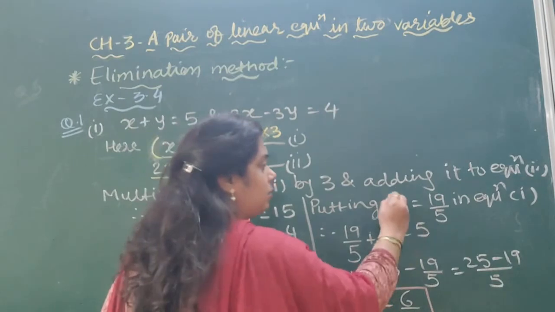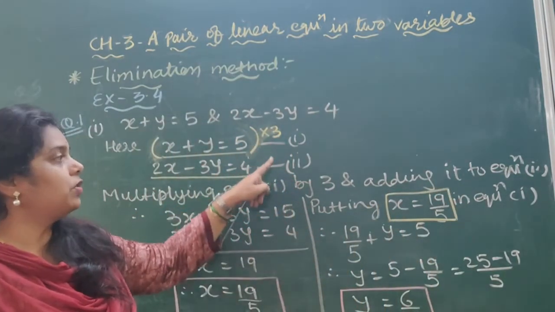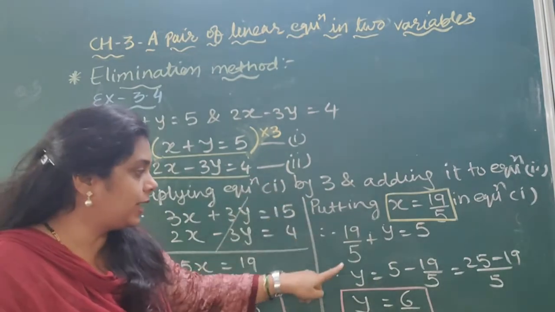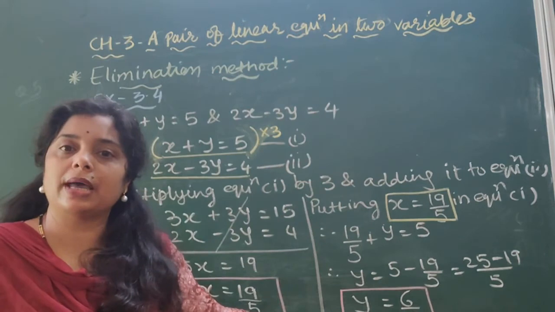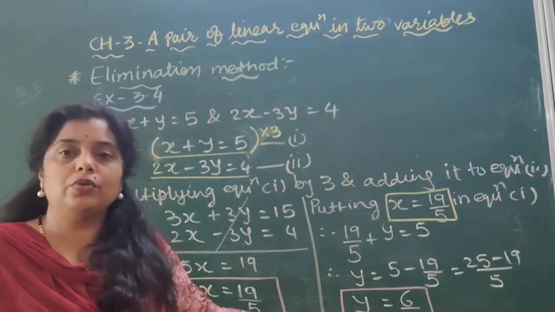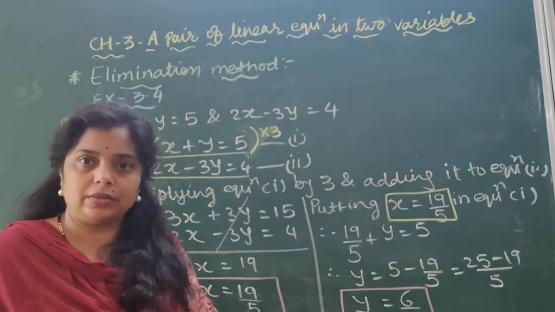Now that 19 by 5 I can substitute in any one of these equations to get the value of y, and here I got y is equal to 6 by 5.